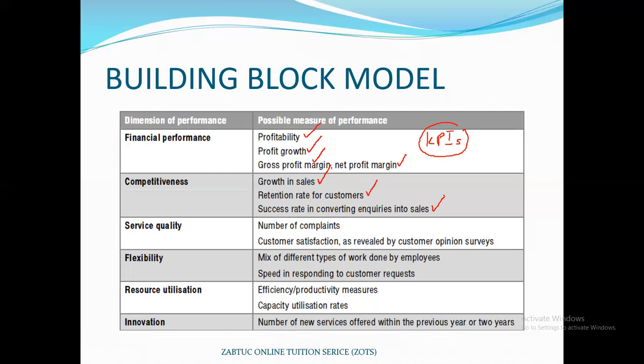Especially on the websites, out of so many hits, how many become orders. Service quality, number of complaints. Customer satisfaction as reviewed by customer opinion surveys.